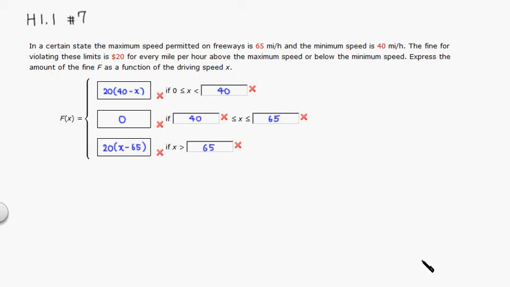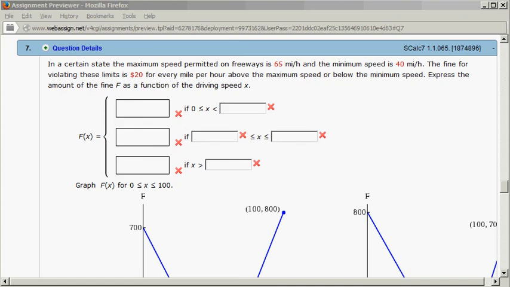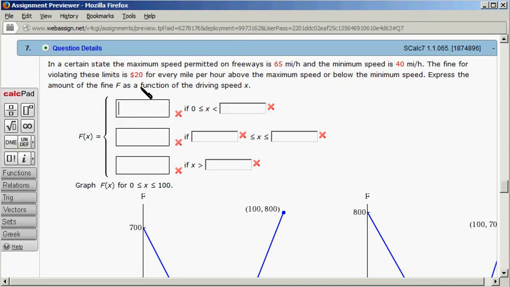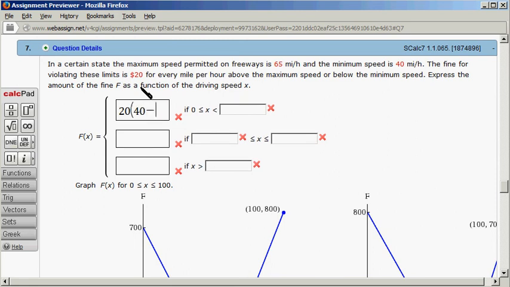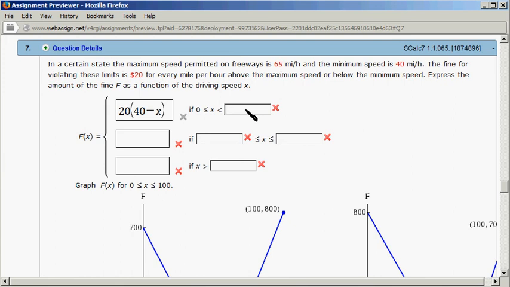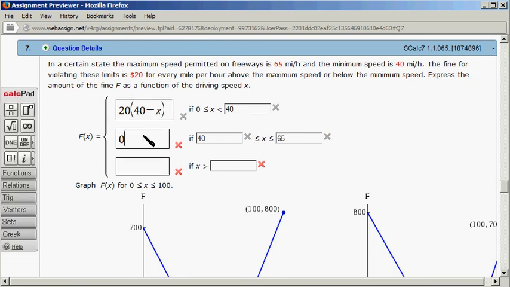So let's type in those formulas. We have 20 times 40 minus X, which is for under 40 miles per hour. Between 40 miles per hour and 65 miles per hour, you have a 0 fine.